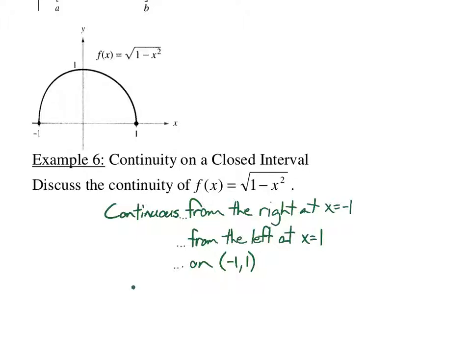So as a result, we could say therefore, it is continuous on the closed interval, just using that definition we saw above. It's continuous on the closed interval from -1 to 1. Okay?